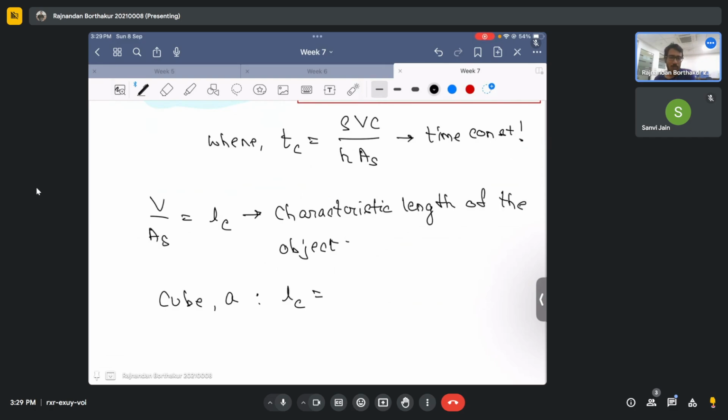If I have a cube of side A, what is its characteristic length? That's simple, right? Because the volume is basically A cube. And what is the surface area of a cube?